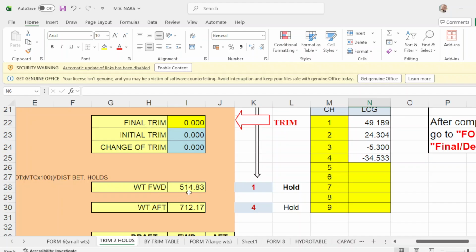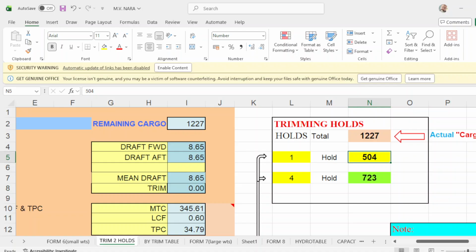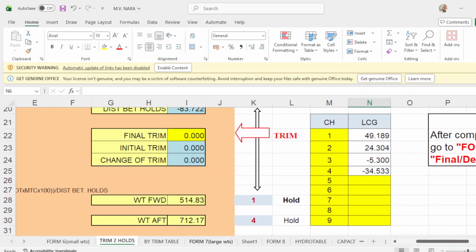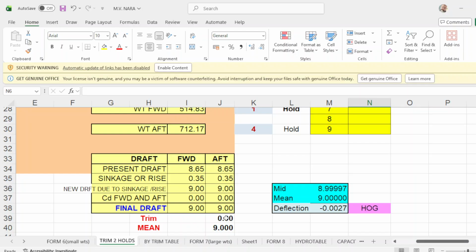Recommended is 515. Okay, number 1. So you put here 515, and number 4 should be 712. Okay, and your departure drop is exactly 9 meters forward and up, and main is 9 meters, and your deflection is 0.